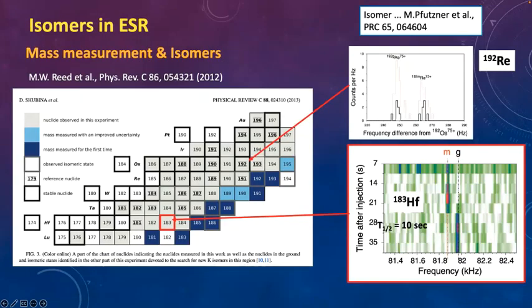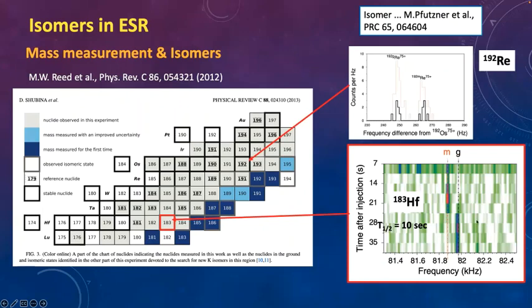And of course, there is also some possibility of isomers. For example, this is the case of GSI energy, and they have the mass-measurement ESR ring, and they can identify that there is an isomer with a short lifetime.